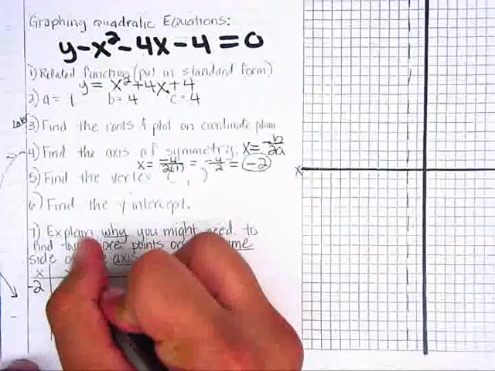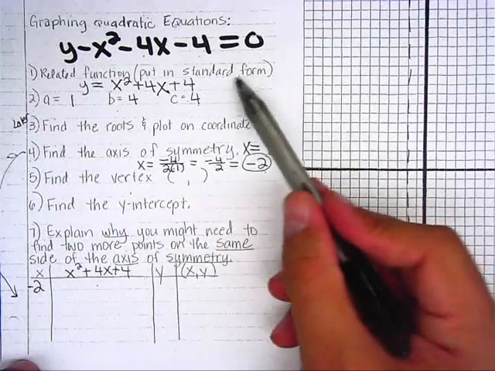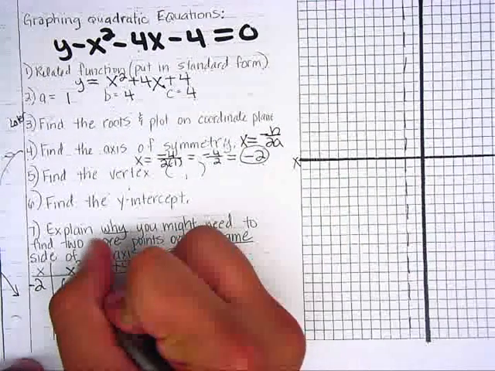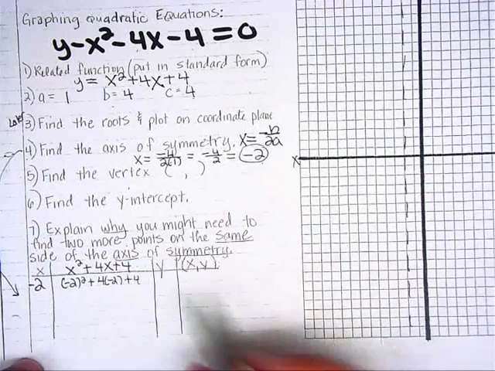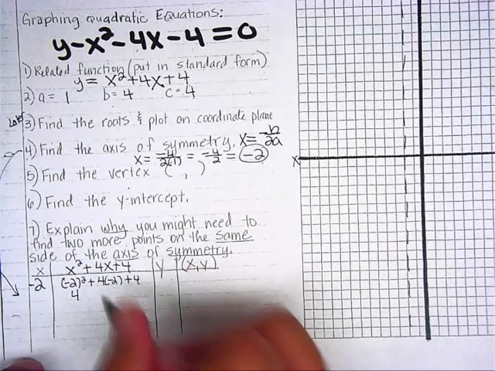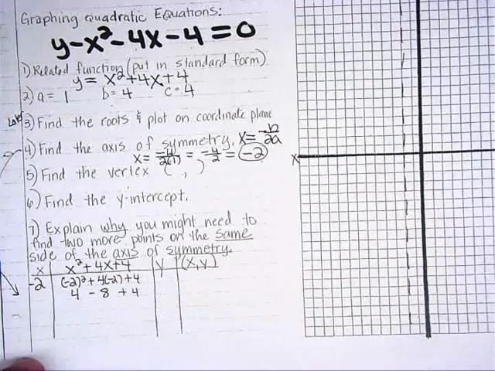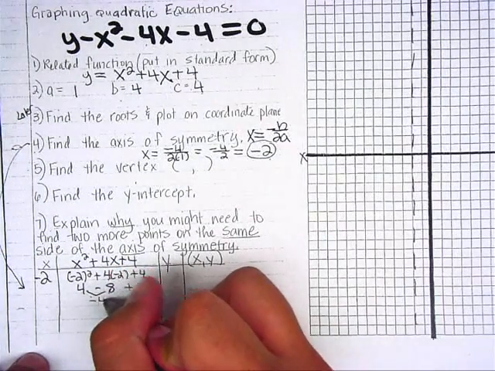My equation is x squared plus 4x plus 4, and I got that from step 1. So when I plug in negative 2, wherever I see x, I work it out to get my y value. Negative 2 squared is 4. 4 times negative 2 is negative 8 plus 4. 4 take away 8 is negative 4.